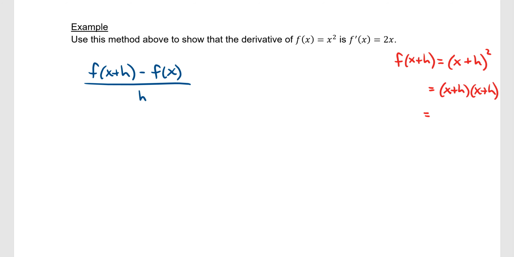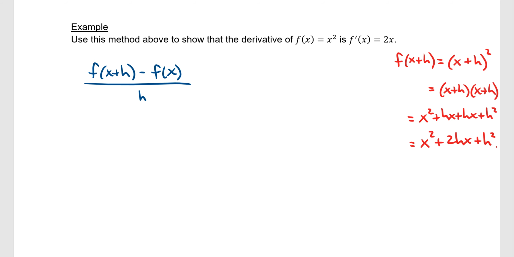If we FOIL this out, we get x squared plus hx plus hx plus h squared. The two middle terms combine. So f of x plus h becomes x squared plus 2hx plus h squared.